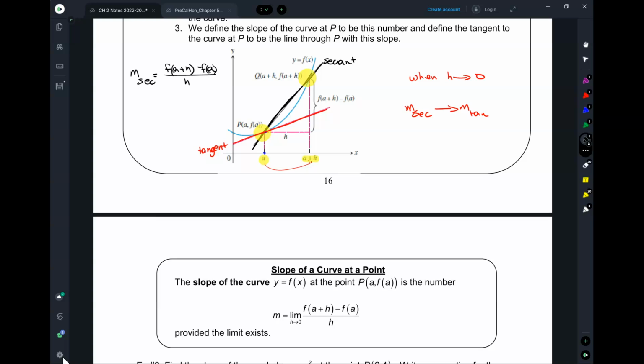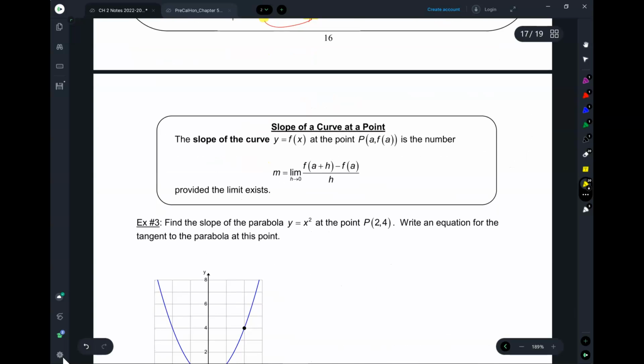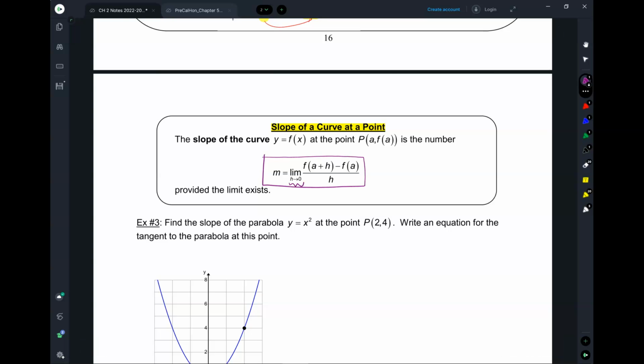Oh, right. Now, to make it the slope of the tangent line, remember what we have to do is we have to make h approximately 0. So you take this same thing, but now to find the slope at a specific point, I have the same equation as before, except now it's the limit as h approaches 0 of that same equation.